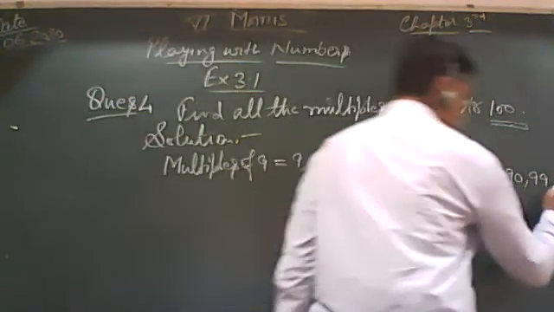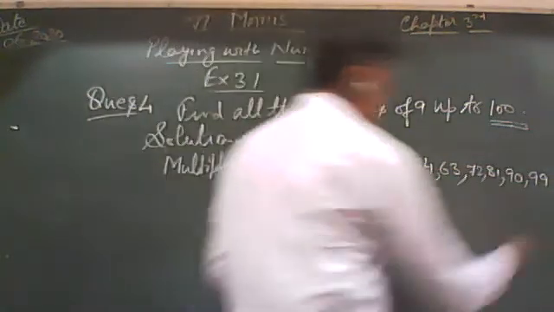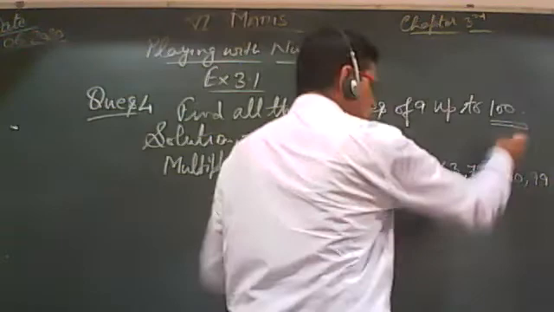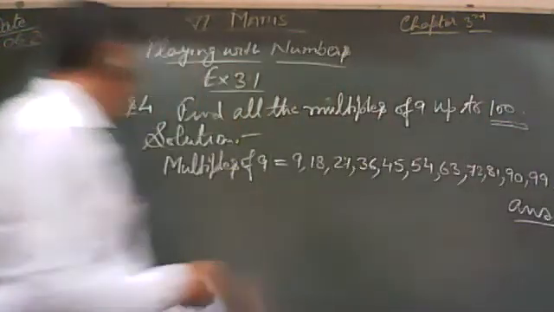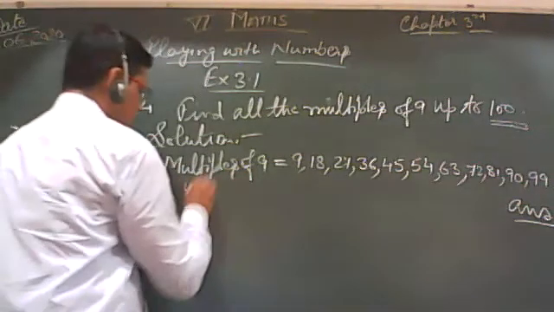Therefore, we write here up to 100. Multiples of 9 up to 100 is our answer.